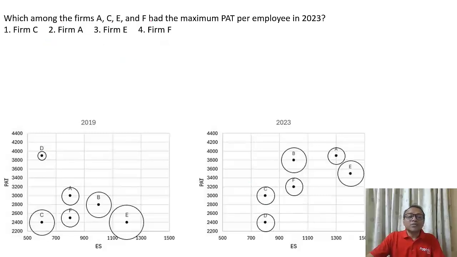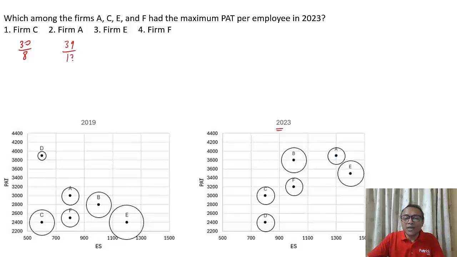Which among the firms had the maximum PAT per employee? So if we look at 2023 for firm C, let's say profit is 3,000, I think only the first two digits, 30 upon 8. Firm C is 30 upon 8. Firm A, if you look at, is 39 upon 13.